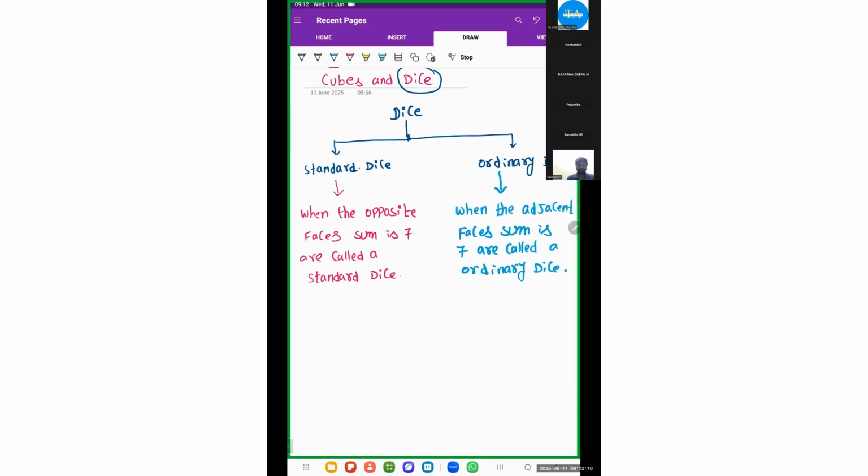Clear? Standard dice and ordinary dice. I hope you understood. Let me take an example of a standard die and an ordinary die.